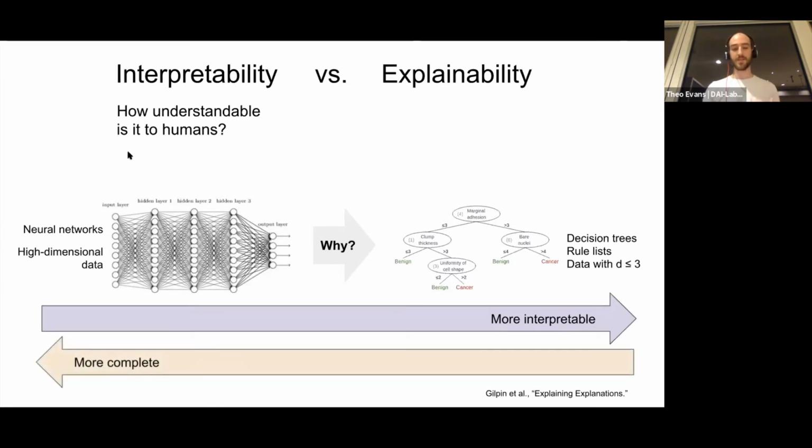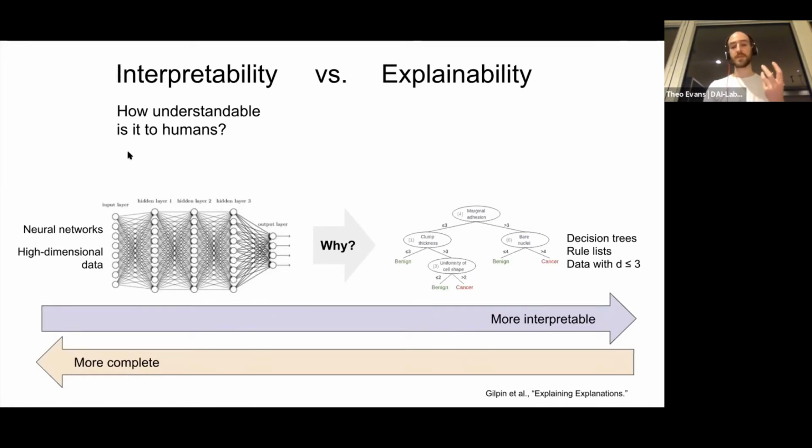balance here is that if we reduce the complexity, if we provide an explanation that is a simplification of our complex system, our complex neural network, our explanation is inherently less complete than the model we are trying to describe. It doesn't capture all of the variables. It doesn't capture all of the complexity.